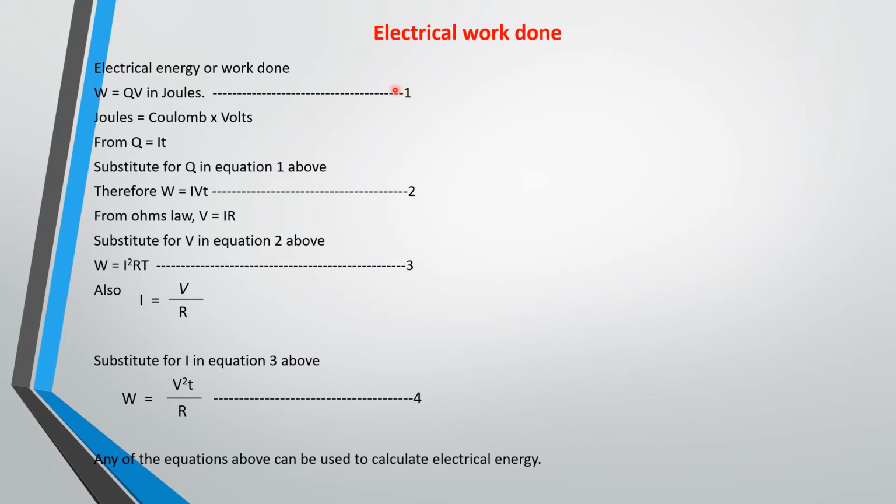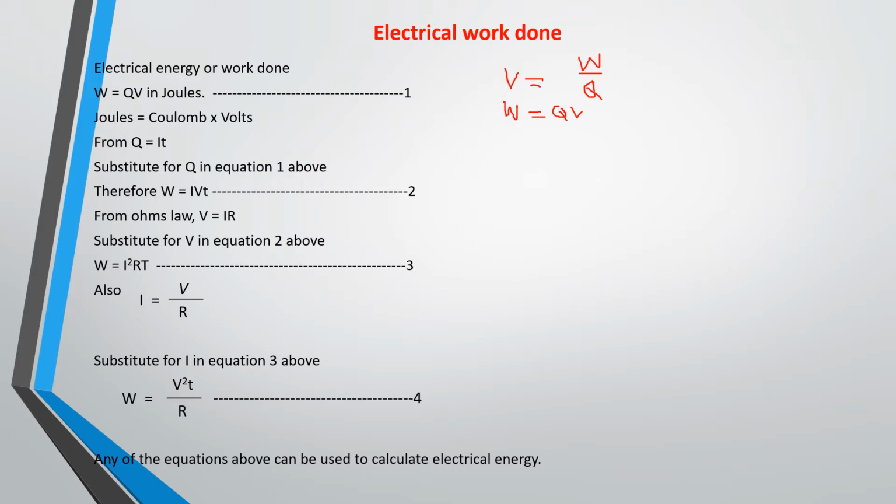But for electrical work, remember that in our last class we said that potential difference, V, is equal to work done over charge. So you can also write this equation as work done is equal to QV.